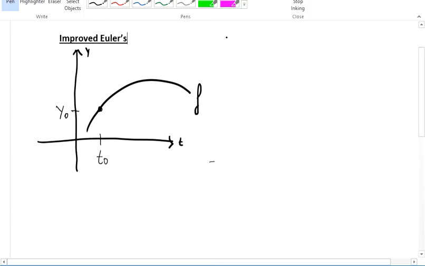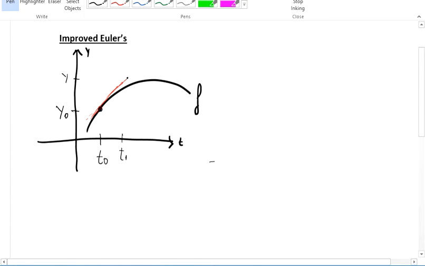What do we do? So with Euler's method, what we did was we would find the slope of that tangent line, and we'd go up a fixed delta t. So now we're at t1 right here, and that's y1.